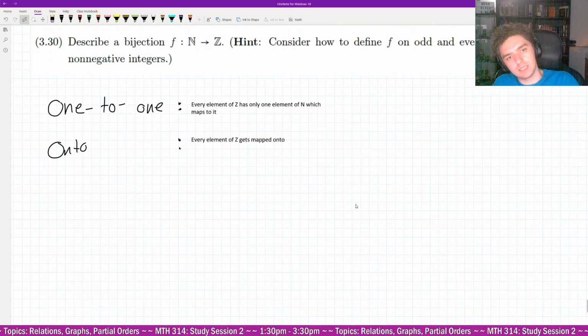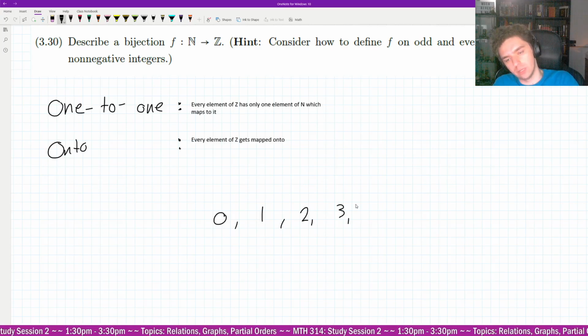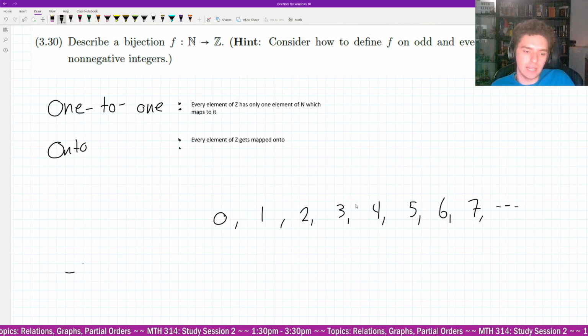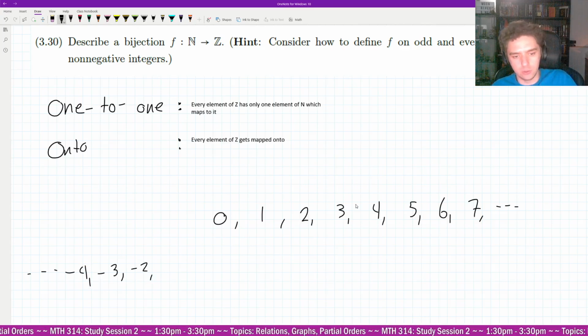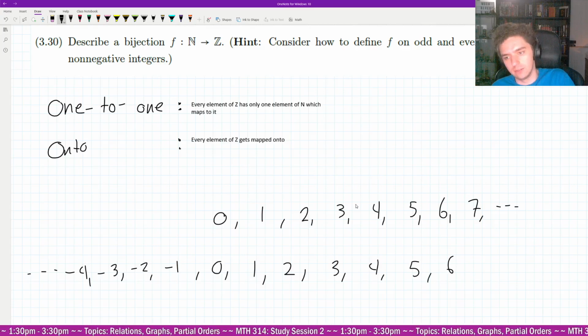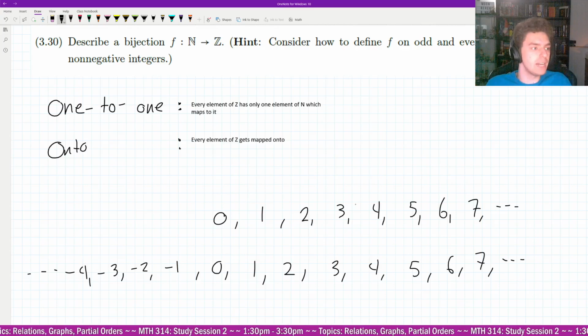So the way you want to think about this is, I'm taking the set N, being 0, 1, 2, 3, 4, 5, 6, 7, dot dot dot. And I'm mapping this to Z: dot dot dot, -4, -3, -2, -1, 0, 1, 2, 3, 4, 5, 6, 7, dot dot dot. So we want some sort of bijection.